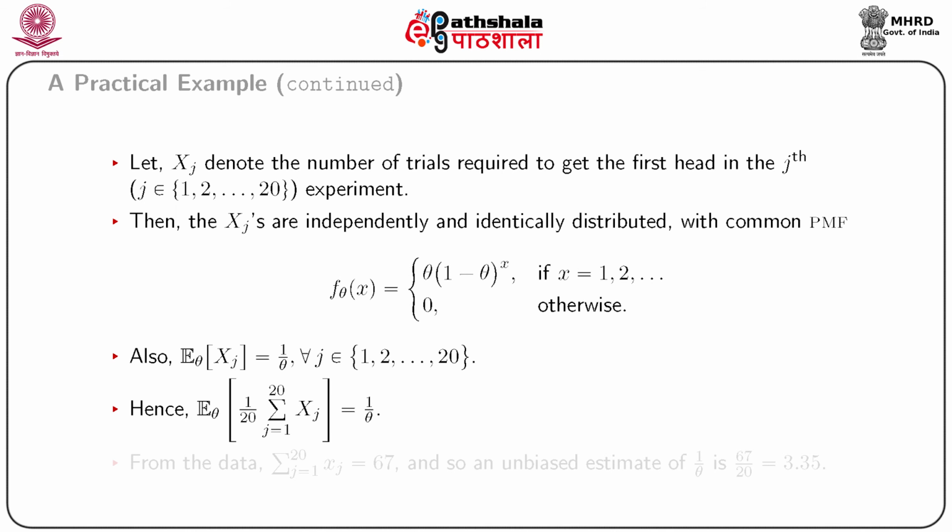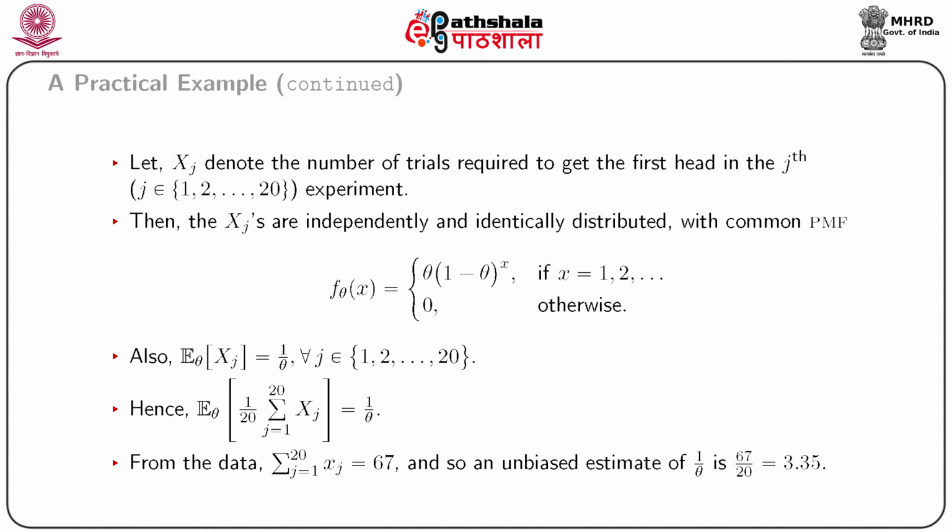Then expectation of Xi is equal to summation over x from 1 to infinity x into (1 minus theta) to the power x minus 1 into theta, which is equal to 1 by theta for all i. Hence, expectation under theta of 1 by 20 into summation over i from 1 to 20 Xi is equal to 1 by theta for all theta, and therefore summation Xi by 20 is an unbiased estimator of 1 by theta.